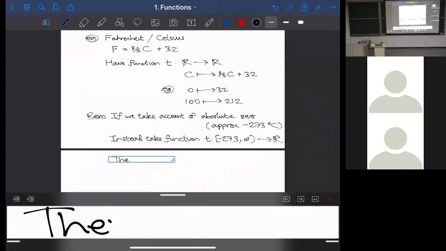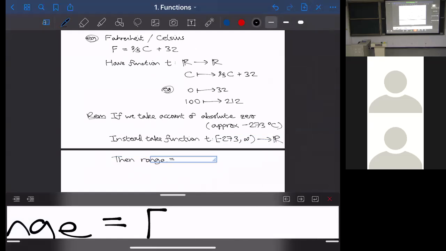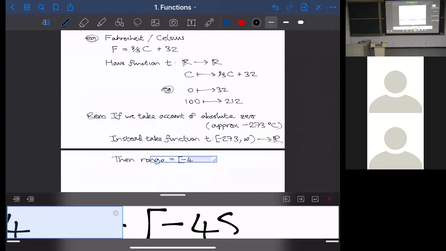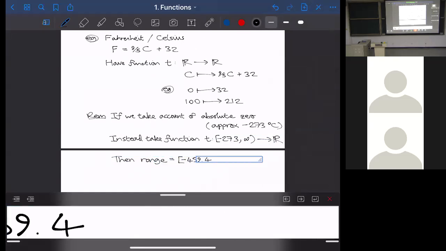Then, what is the range? It's the value of the function at minus 273 up to infinity.